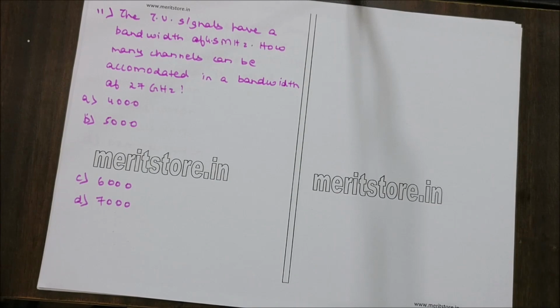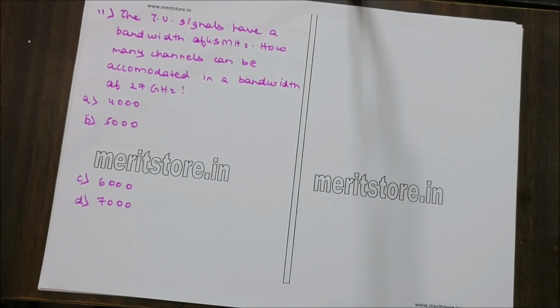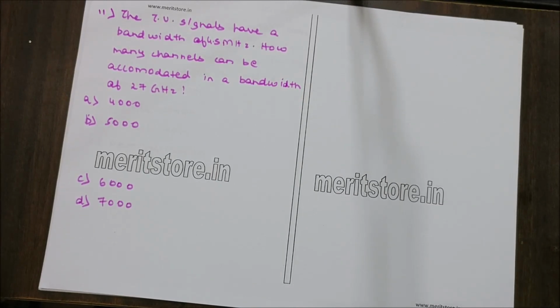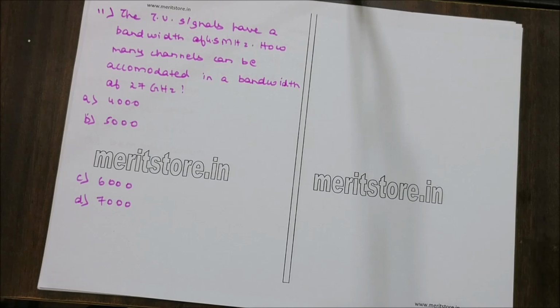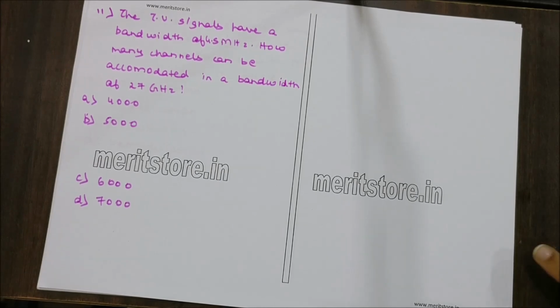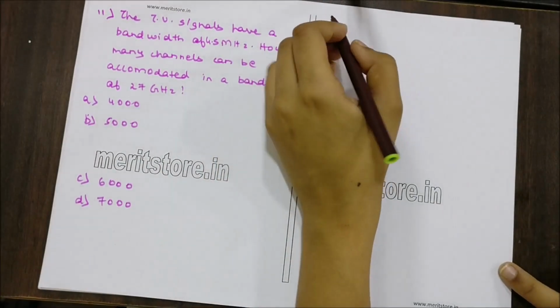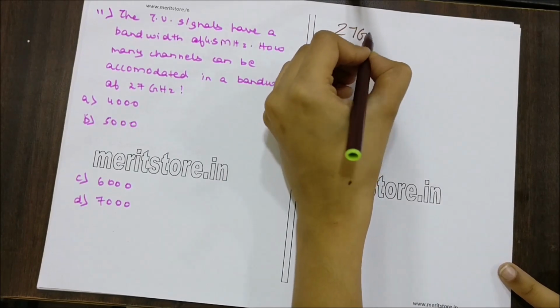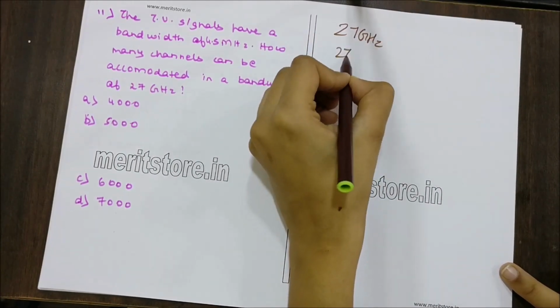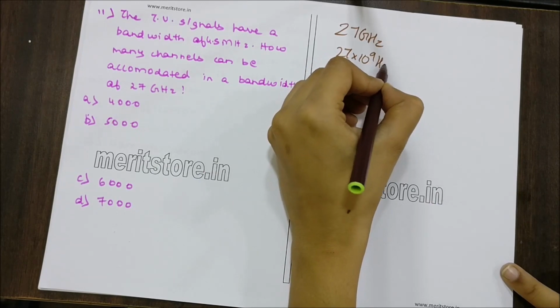Question 11. The TV signals have a bandwidth of 4.5 megahertz. How many channels can be accommodated in a bandwidth of 27 gigahertz? A 4000, B 5000, C 6000, D 7000. So over here the bandwidth of the channel is given to us as 27 gigahertz, which is 27 into 10 raised to 9 hertz.